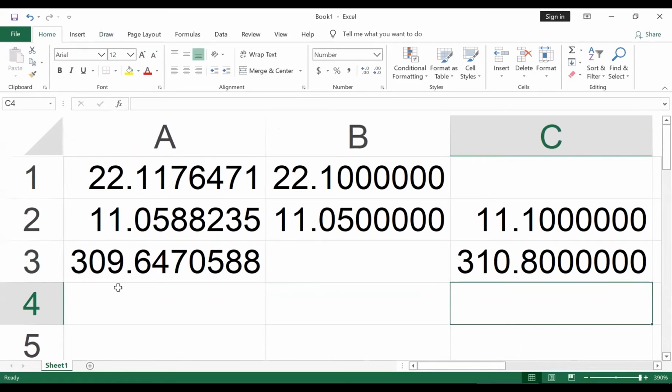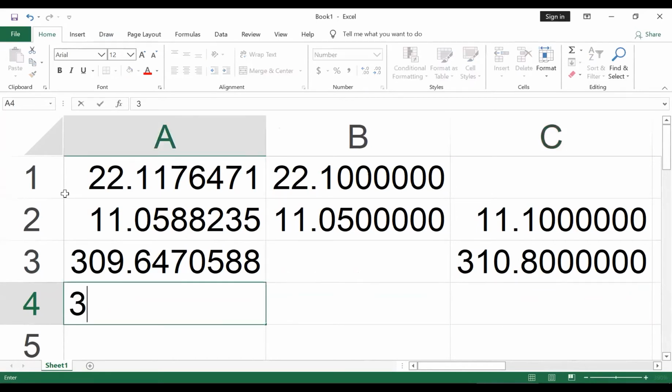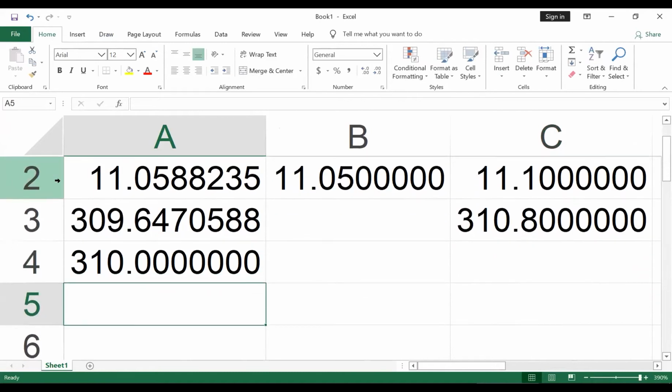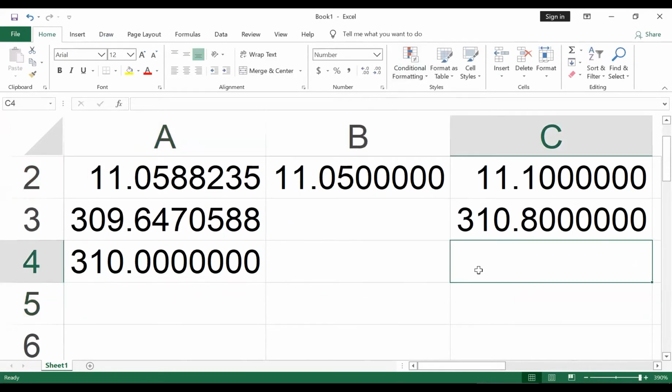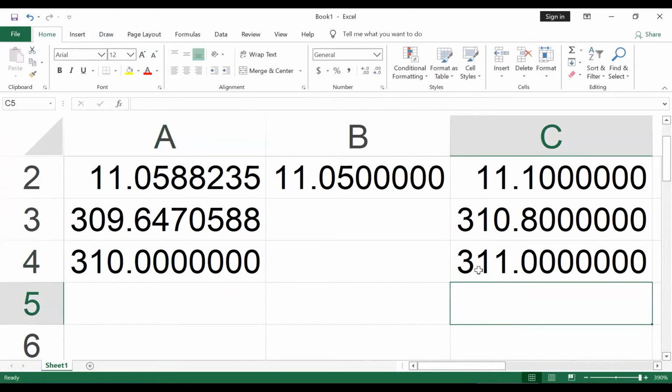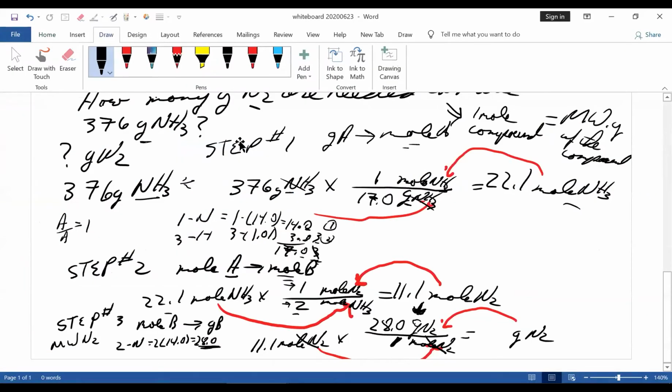And if I round this off to 3 significant figures, this would be 310. This would be 311. On a test, both answers would be correct because I'm not going to force you to do rounding off the way Dr. White does.